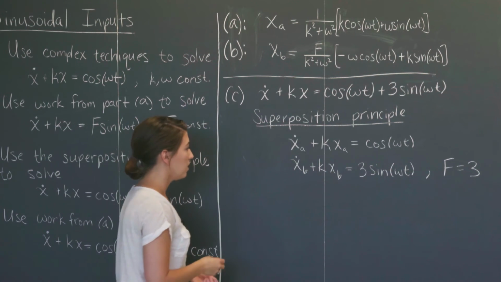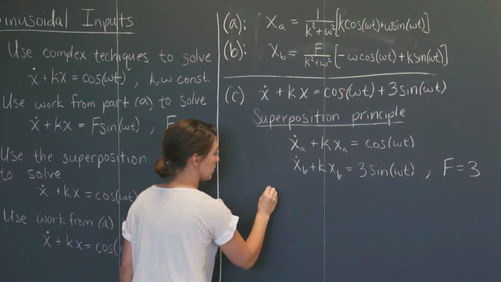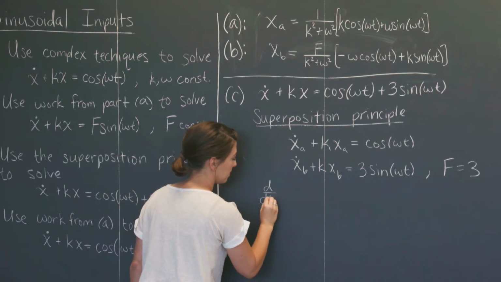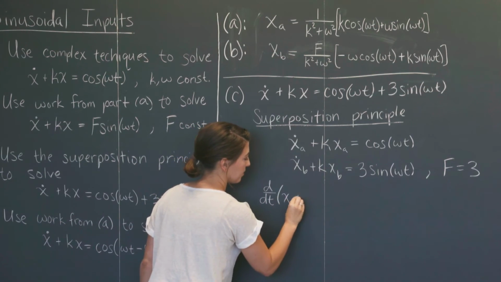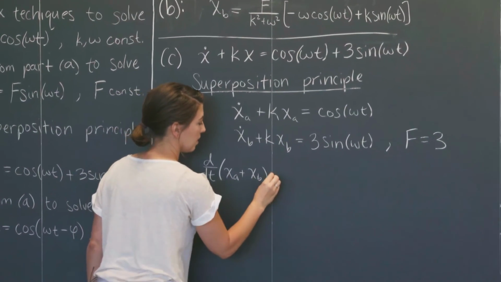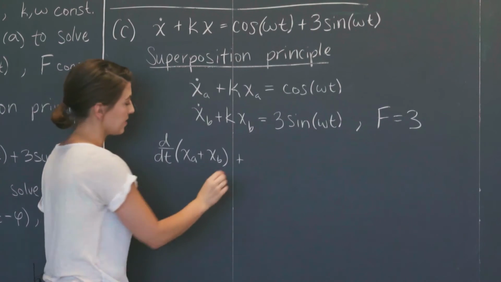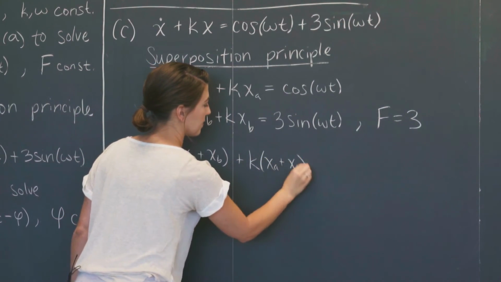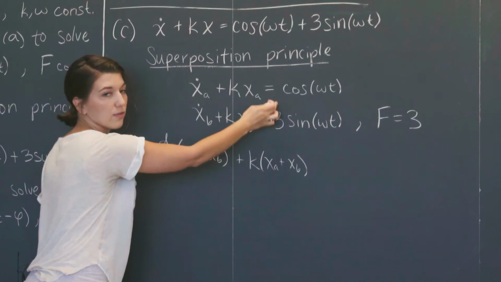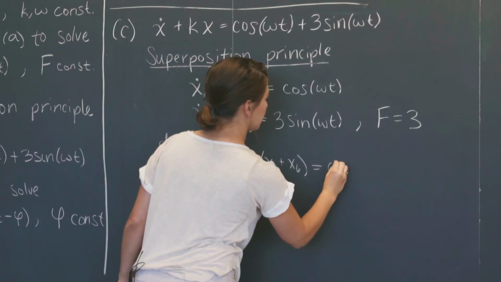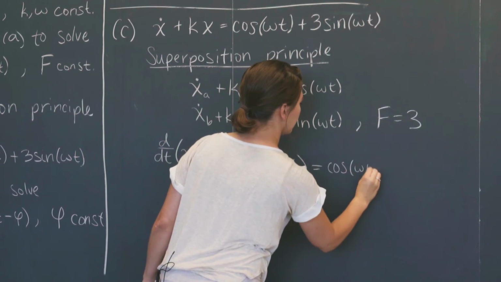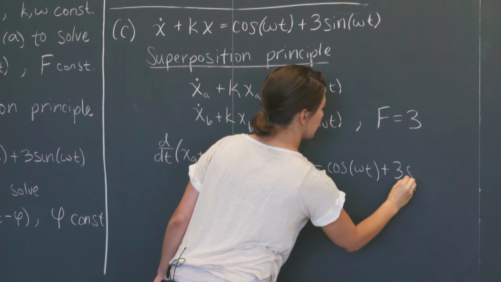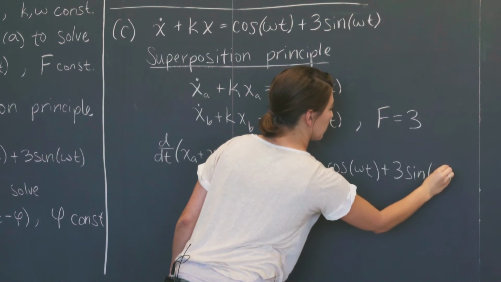Okay? So now, by linearity, we can write that d/dt of x sub a plus x sub b, plus k times x sub a plus x sub b, is equal to the sum of the right-hand sides, cosine omega t plus 3 sine omega t.